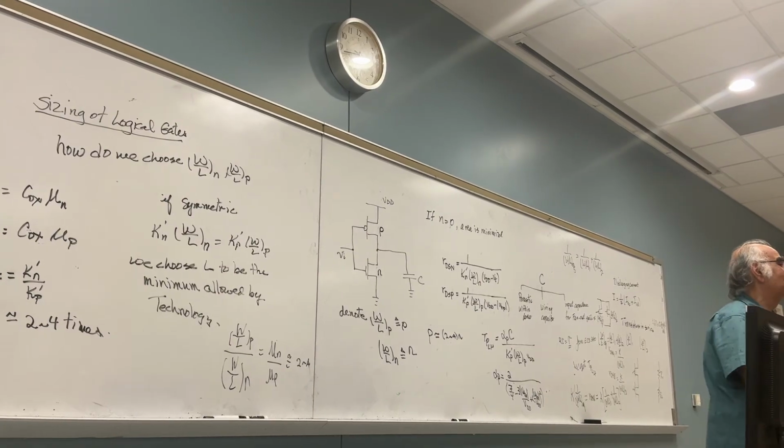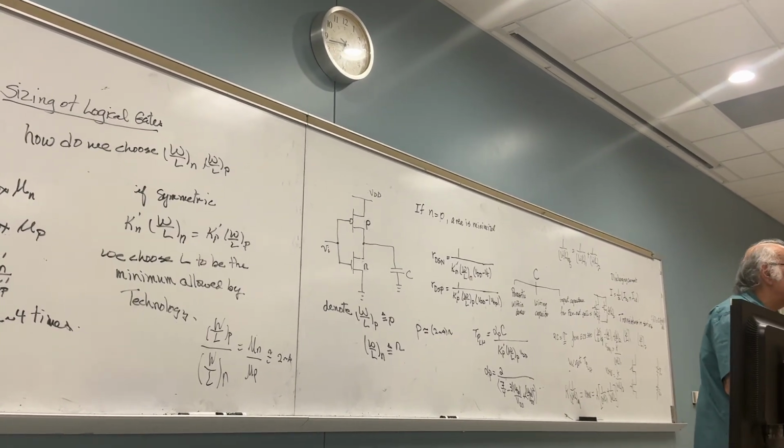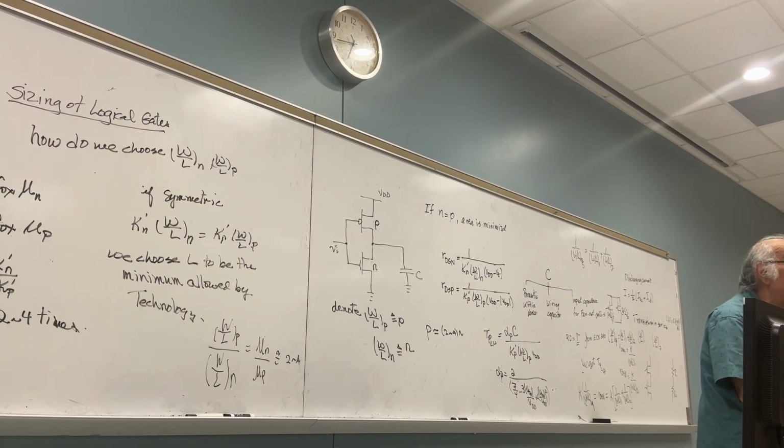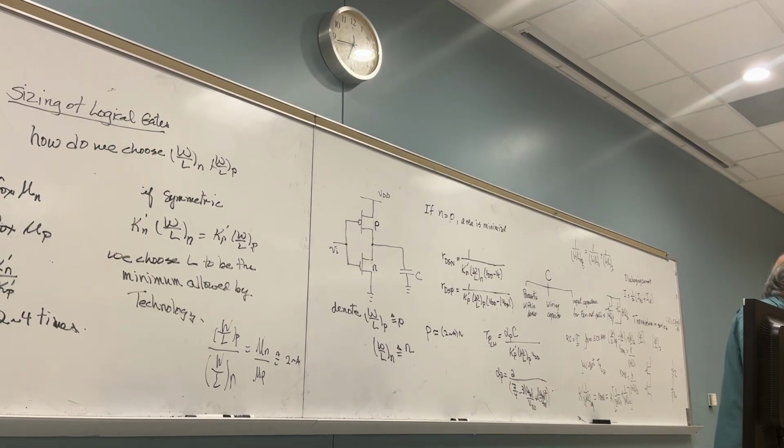When you connect the devices in parallel, you find the equivalent W over L by treating the configuration as if they were resistances in series, which means W over L1 plus W over L2. If they are connected in series, then to calculate the equivalent W over L, you treat them as if they were resistances in parallel. Clear?